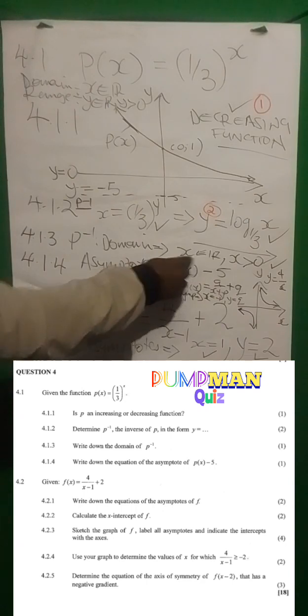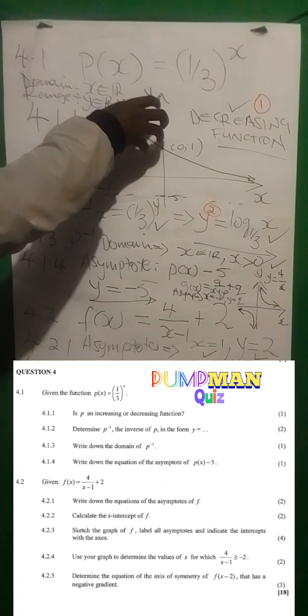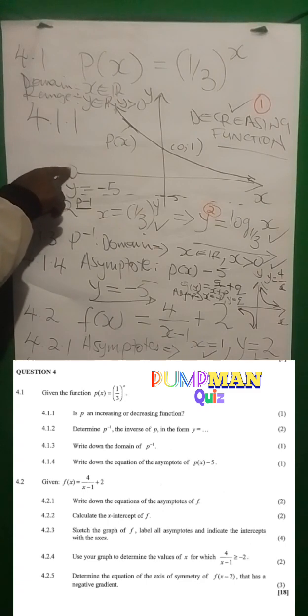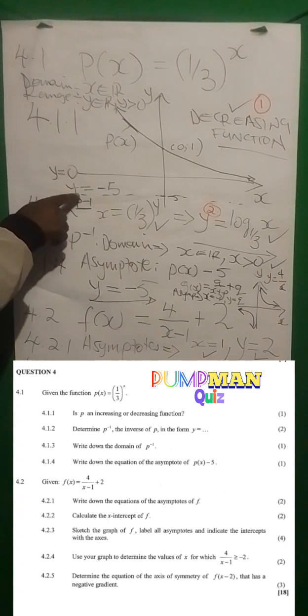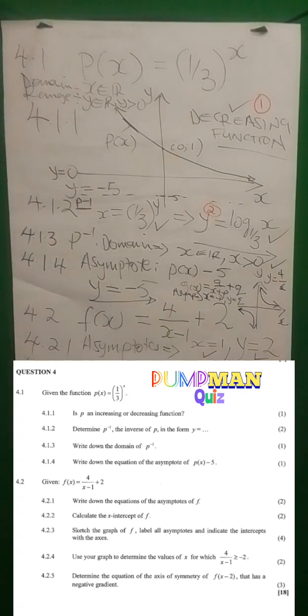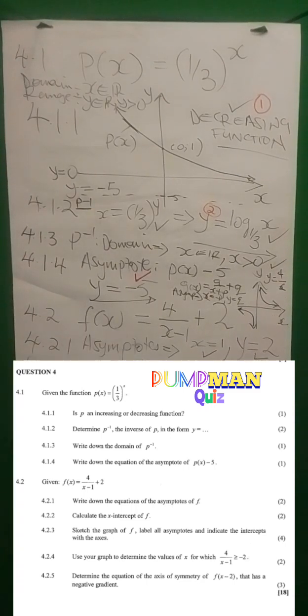Now when we say p of x minus 5, it means we are shifting the graph of p of x by 5 units downwards with its line of asymptote, meaning to say my asymptote is going to move from y is equal to 0 to y is equal to minus 5. So therefore, my line of asymptote is going to be y is equal to minus 5. Then you get your 1 mark like that.